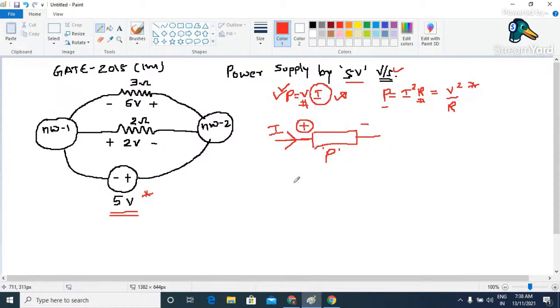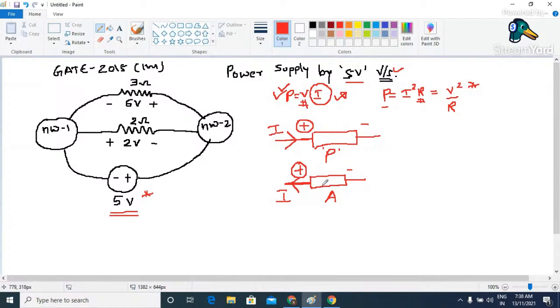For example, if we have an element with a polarity say plus and here minus, and suppose we need to identify whether this particular element is active or passive, just focus on the direction of current, not the value but the direction. If the current is leaving through the positive terminal of that particular element, then that element we are going to treat as an active element.